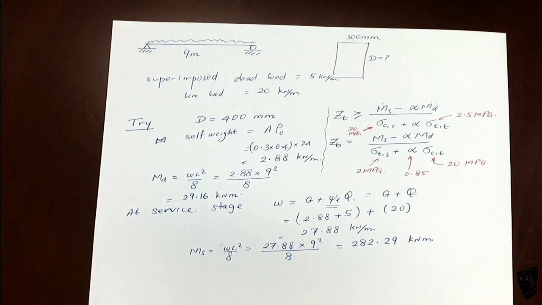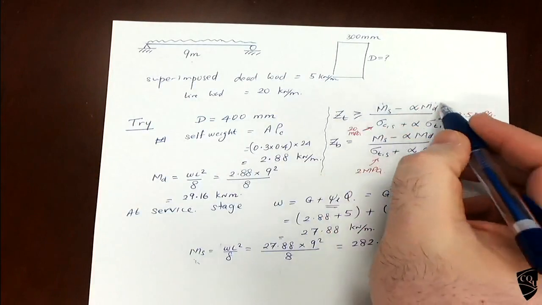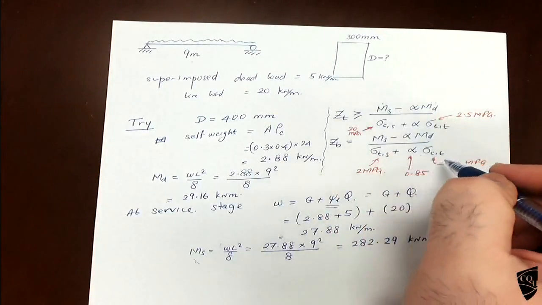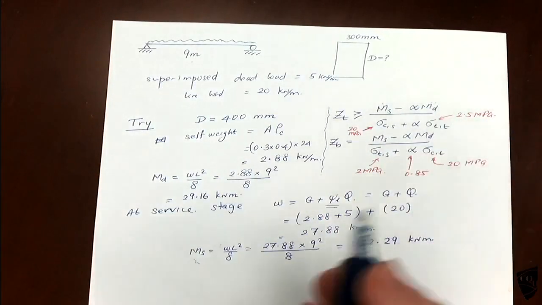So that is MS, the moment during service. So I need to find out what is the requirement for ZT and what is the requirement for ZB.